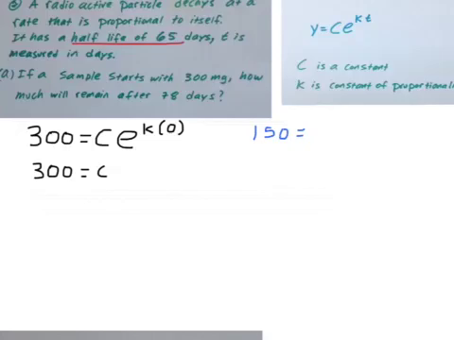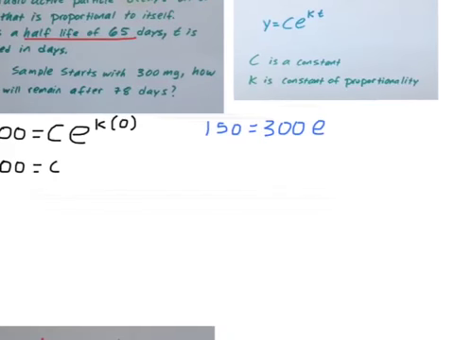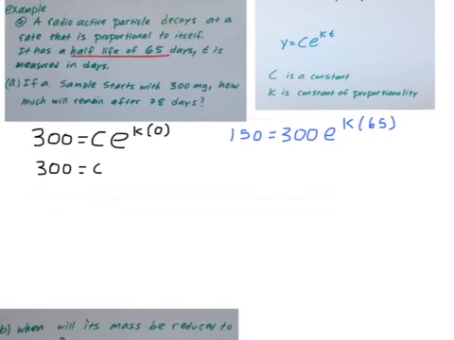So the C is going to be 300. e still is the exponential base. I don't know what k is, that's what I'm going to be solving for. But I know that the time is going to be 65. Now each one of these elements will have a different half-life, so you're going to use this information to help you solve for the k value.